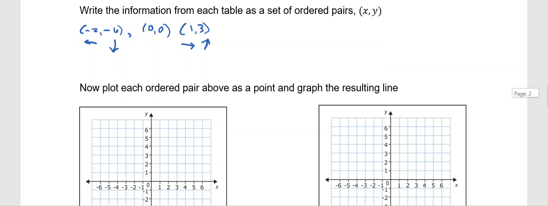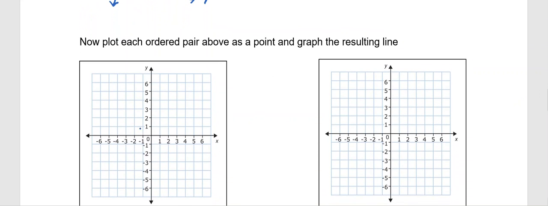So we can quickly plot those points. So let's see, starting at the origin, -2, whoops, let's get rid of that. -2, -6. That's one of my points. 0, 0 was another point.